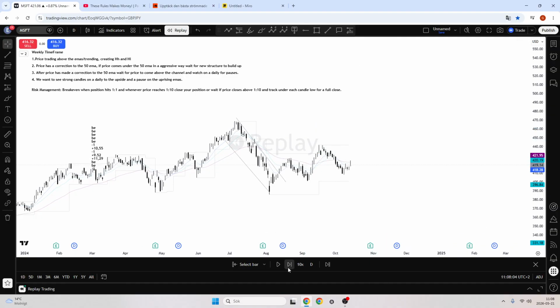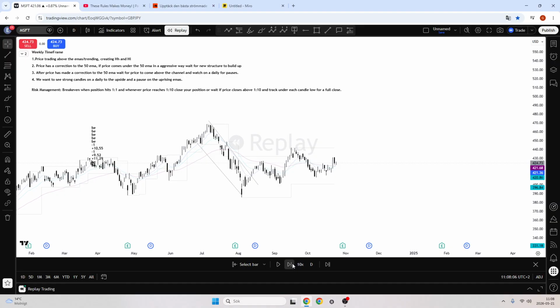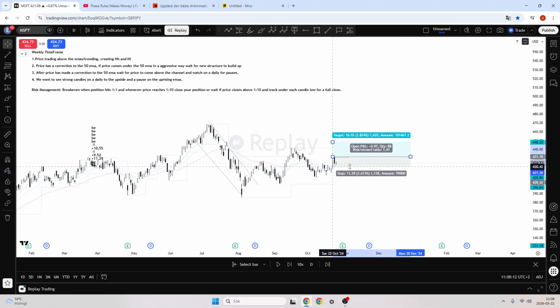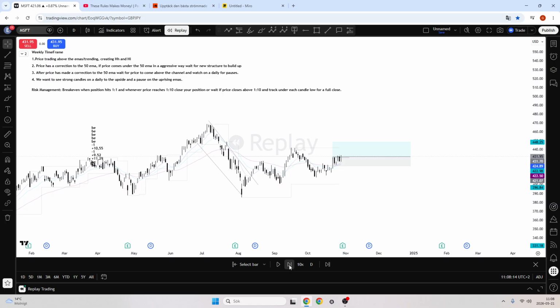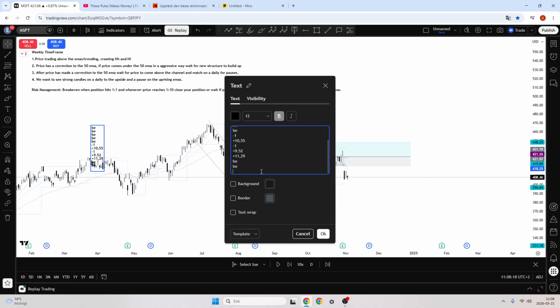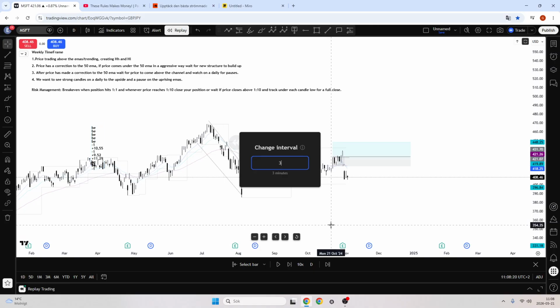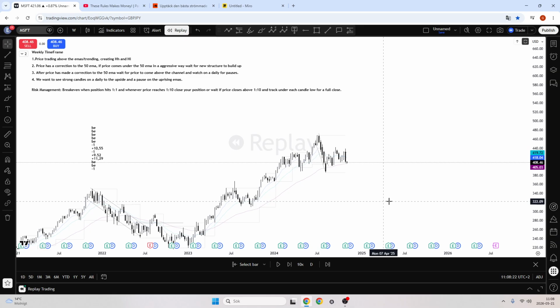Price just sells off. Wait for a new opportunity like this. Tapped in and tapped out. Check the weekly right here.